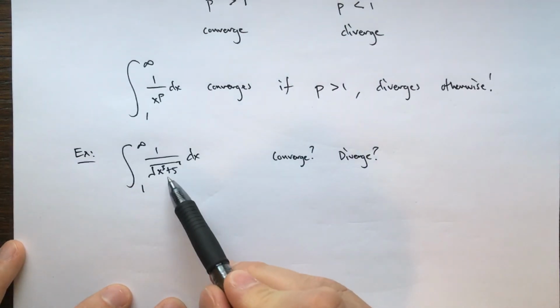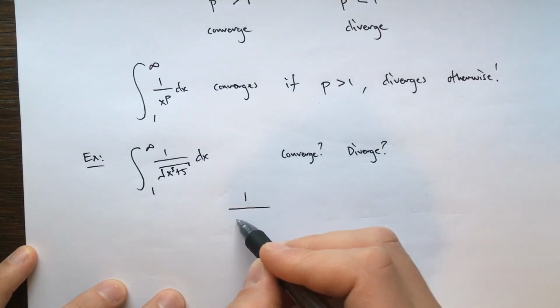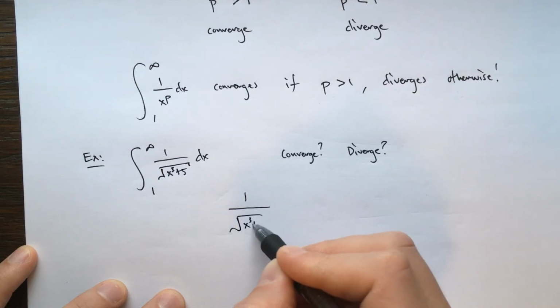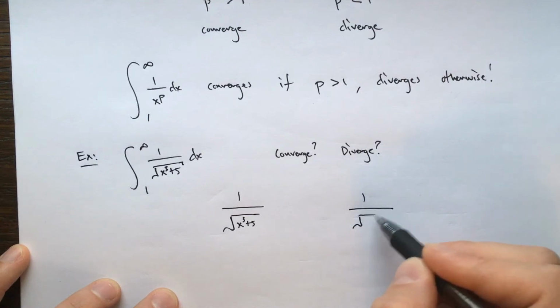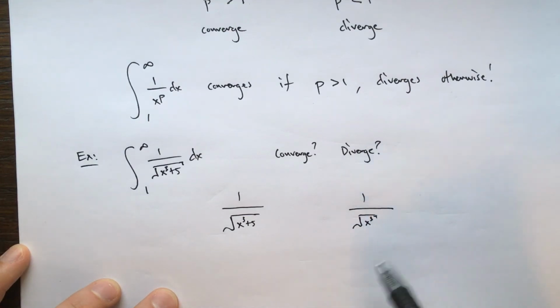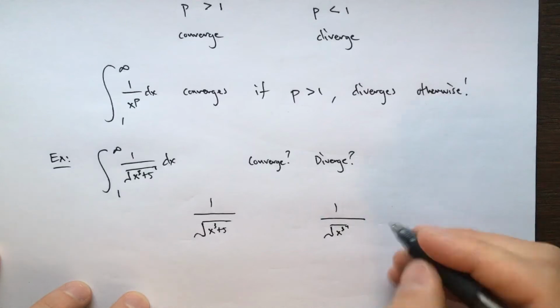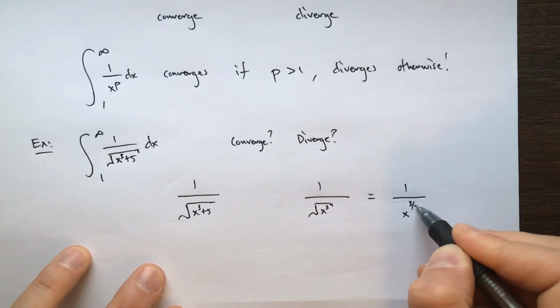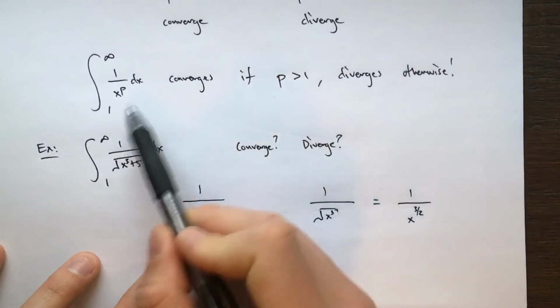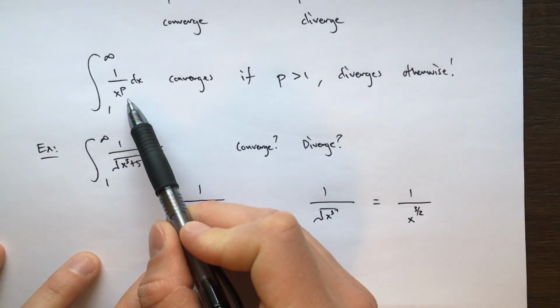So 1 over the square root of x cubed plus 5 is pretty similar to 1 over the square root of x cubed, right? And this is equal to 1 over x to the 3/2. And that looks a lot like what we just decided converges or diverges.